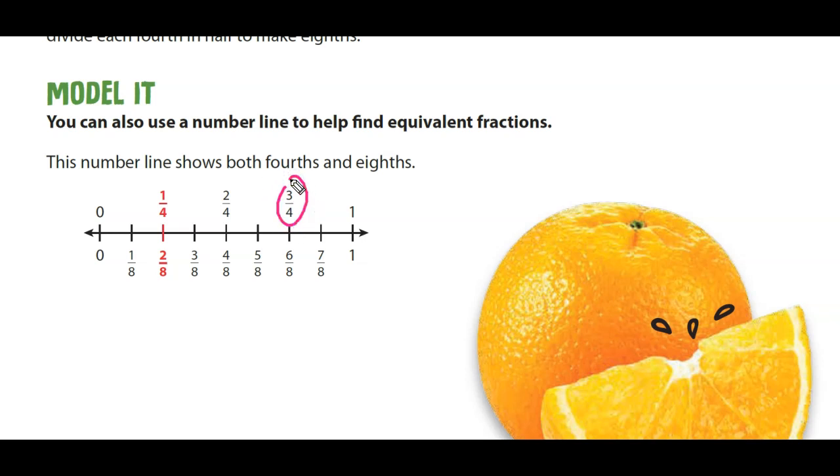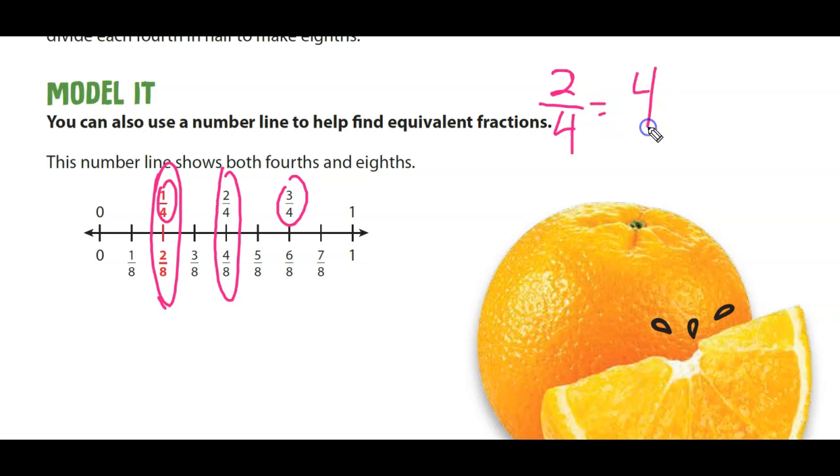Look at the number line at the bottom. Okay, and then 1/4 is equal to how many 8ths? 2/8, just straight down like this. Okay, and then 2/4 is equal to how many 8ths? 4/8. So 2/4 is equal to 4/8, which is equal to what as well?